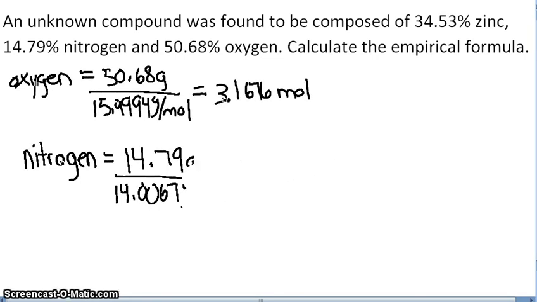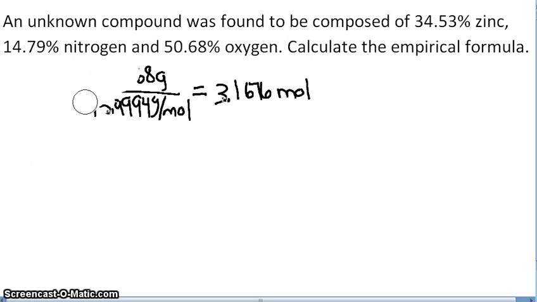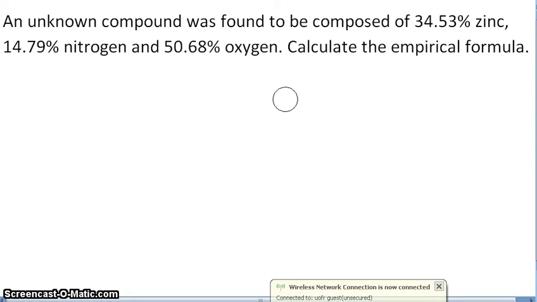So I'll erase the work and we'll write out the number of moles we have for each. So zinc has, we calculated, 0.5281 moles.